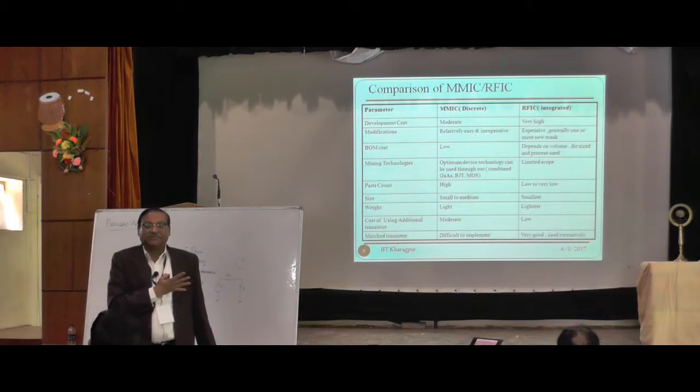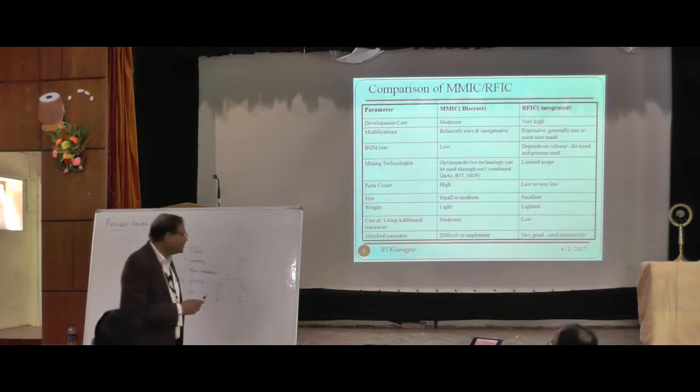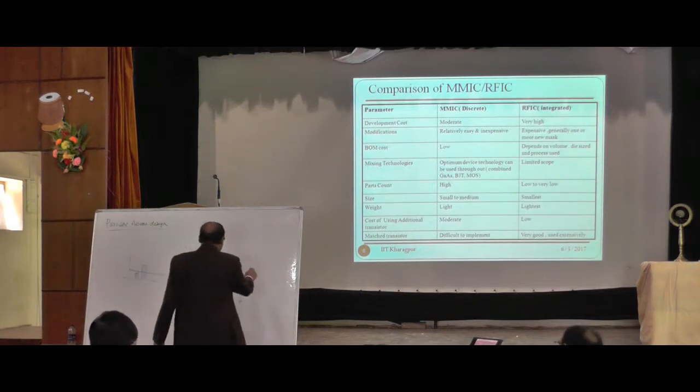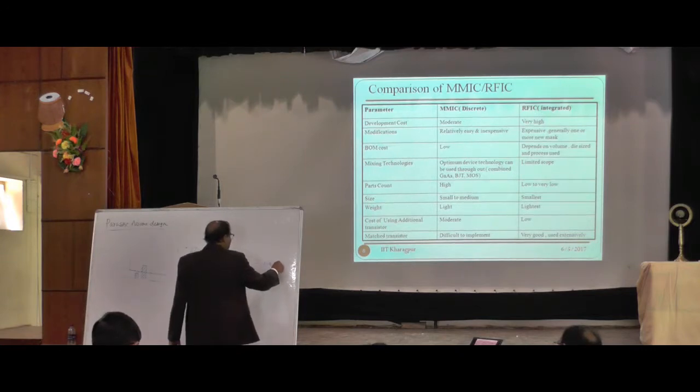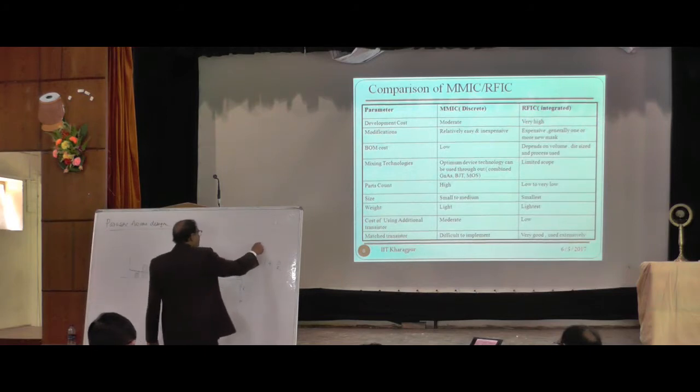But in this case, for maximum power transfer, R_S is equal to R_L. What I am trying to say is that the noise factor is equal to 1 plus R_S by R_L. So the condition for maximum power gain is R_S equal to R_L.